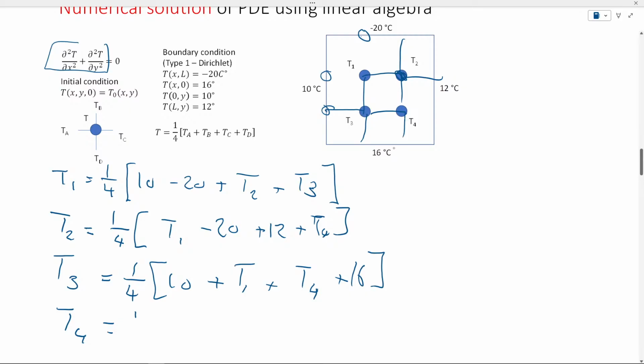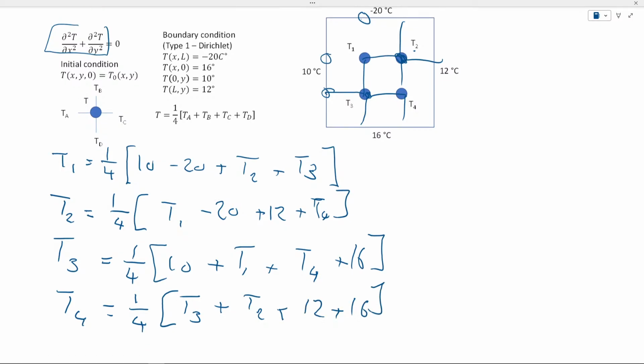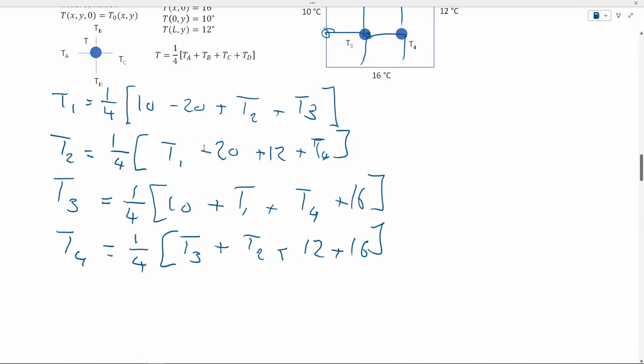That would be 1 over 4 of T3, this guy here, plus T2 plus 12 plus 16. Okay, so I have equations that look like this. Now, can I arrange these equations in matrix form, where I can find the inverse of this matrix and then solve for T1, T2, T3?